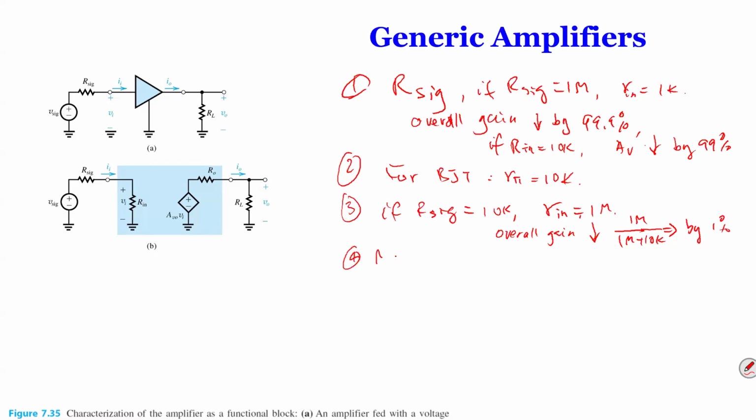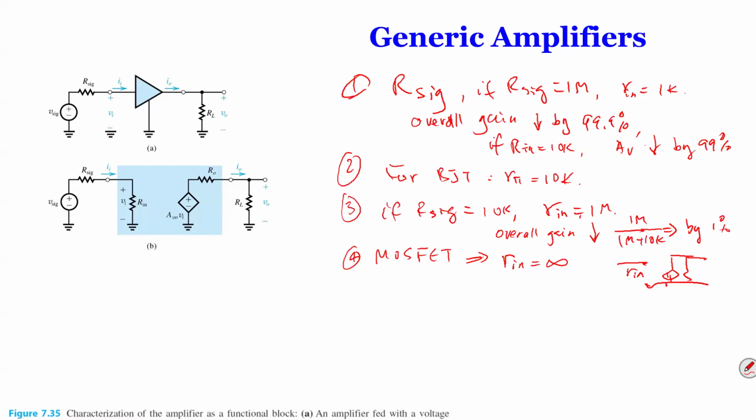Which device has that property? Which is MOSFET. MOSFET has input resistance how much? Remember, our MOSFET is like this. So R in is infinity. It's open, like there's no current going into the gate, okay?